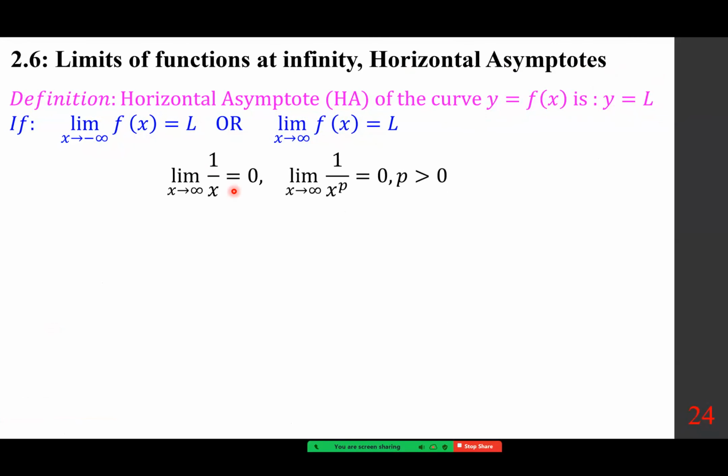The limit of 1 over x as x approaches infinity is 0, so y equals 0 would be the horizontal asymptote here. This is also 0 when p is larger than 0. Those are some theorems that are pretty straightforward. You should know them.